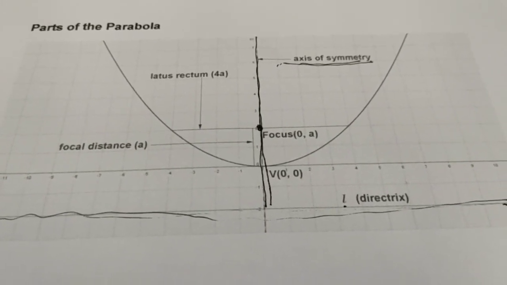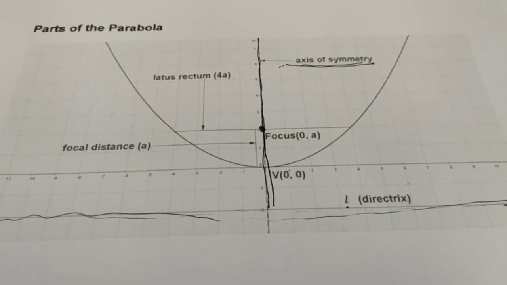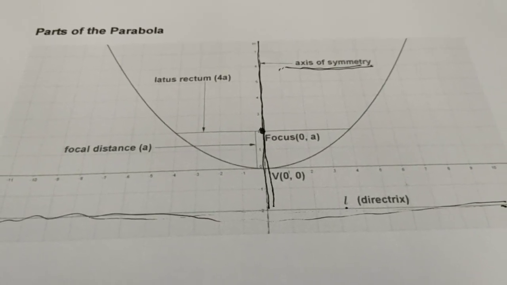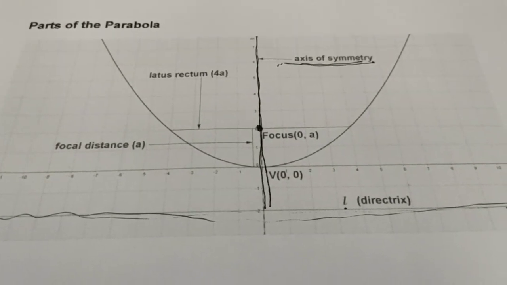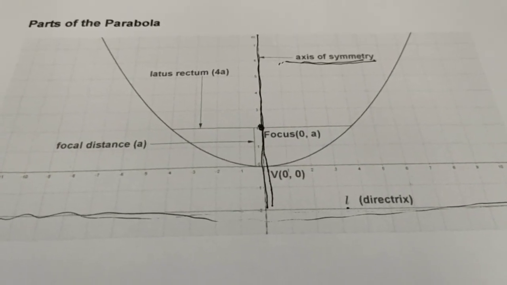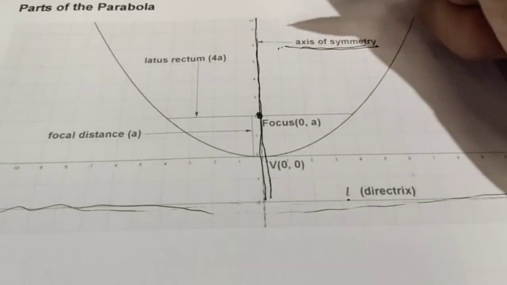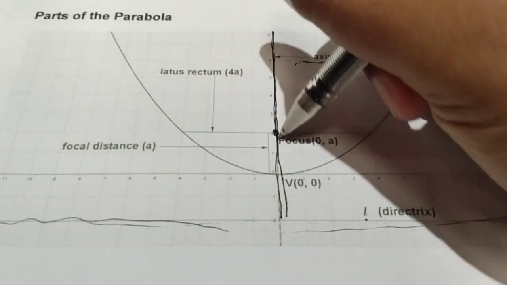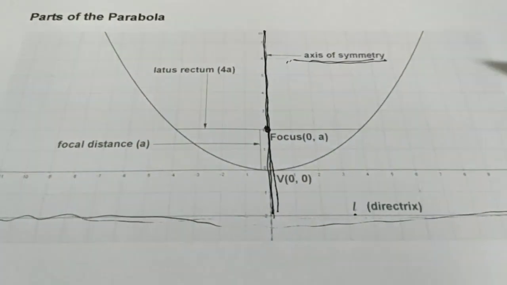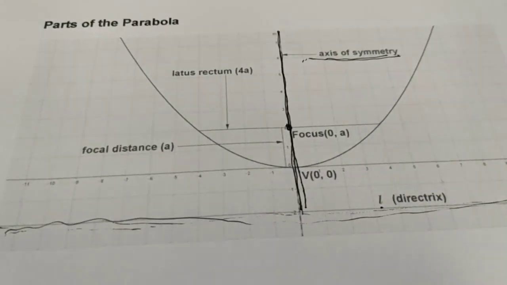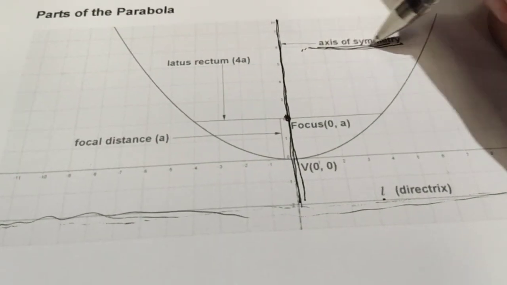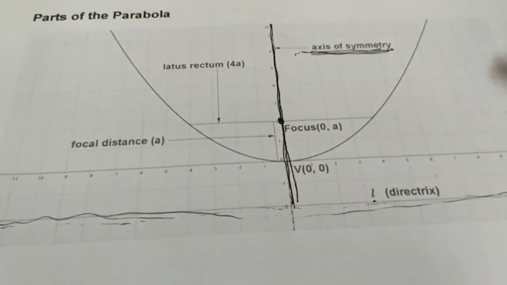We have the axis of symmetry, focus, vertex, directrix, focal distance, and latus rectum. The line through the focus F that is perpendicular to the line of directrix is what we call the axis of symmetry.